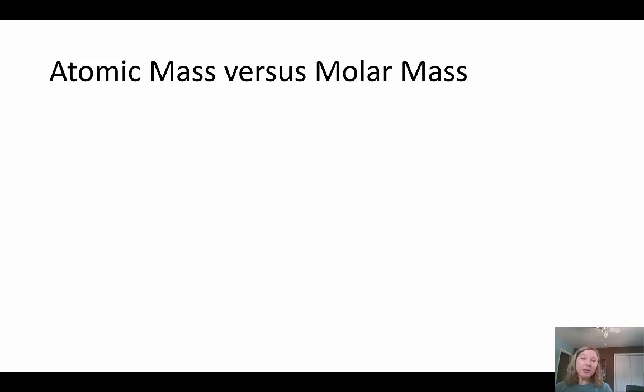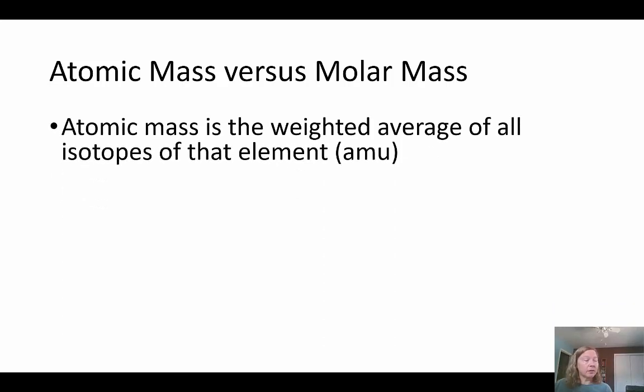But we just wanted to give you a little introduction to molar mass here, where we've been talking about individual atoms. Thought you ought to see something that's a little bit more practical, which is working with groups of atoms. So the atomic mass technically would be the mass of a single atom. But we use that average that we learned about in the last podcast, the weighted average of all the isotopes.